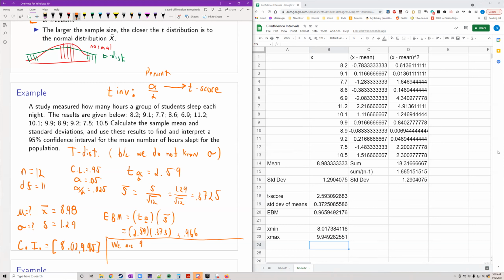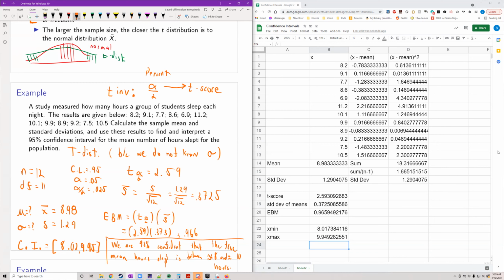We are 95% confident that the true mean hours slept is between, and we can round for our interpretation, between about 8 and about 10 hours. Exactly the same as last time.